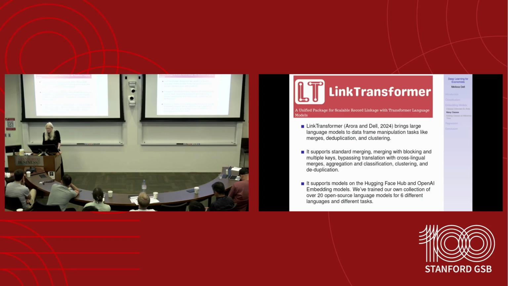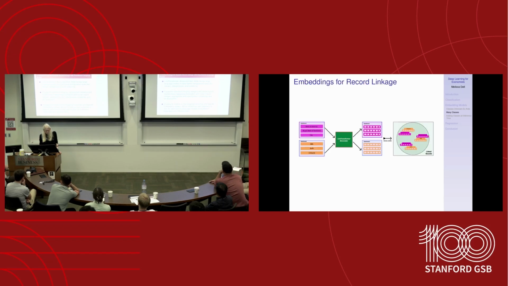We also allow you to train your own classifier with it. It supports any model in the Hugging Face Hub, or you can directly use OpenAI embeddings. And we have our own models that we train for 6 different languages for different types of tasks, mostly linking firms, linking products, aggregating products into industries.